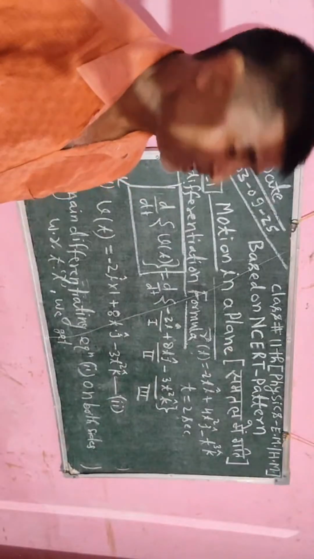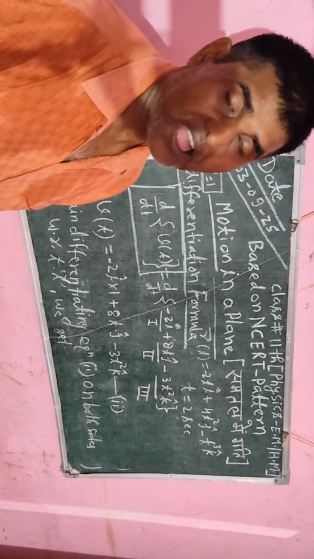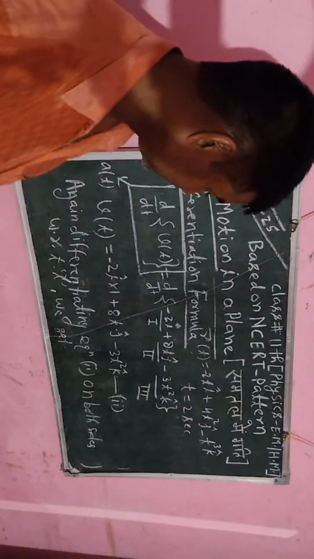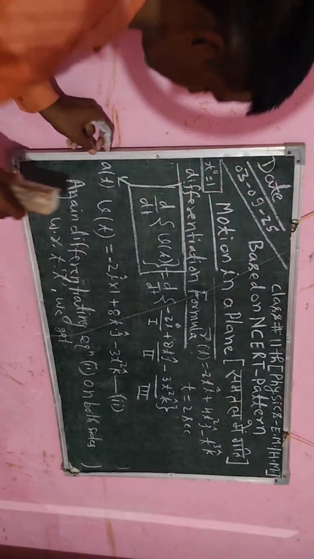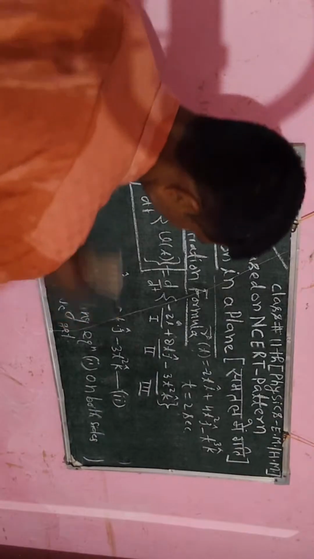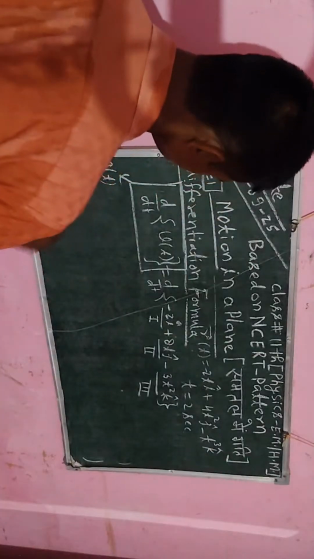In other words, we will say that it is a vector function, and that vector function has variable t. Okay.